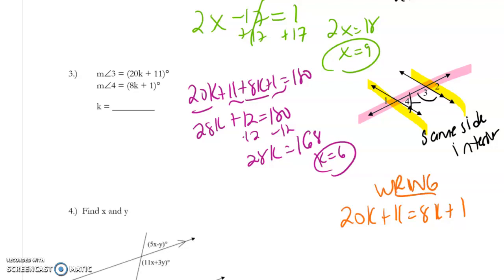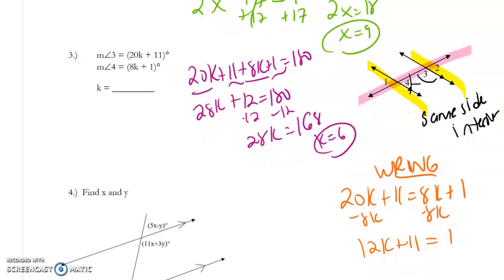That's probably a very common mistake that you guys will be making as you're first learning how to set them up, which ones to set equal to each other and which ones to add and set equal to 180. But if we had set it up like this, we would have pretty quickly noticed that something was wrong, because in solving, we would have gotten 12k equals negative 10.